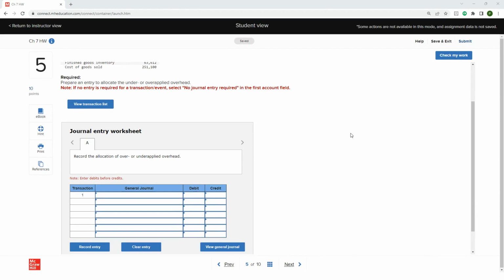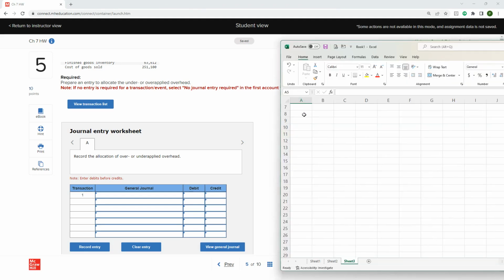So remember that the manufacturing overhead control account has a natural debit balance, and the manufacturing overhead applied account has a natural credit balance. So to close it out, you're going to have to credit the control account and debit the overhead applied account.